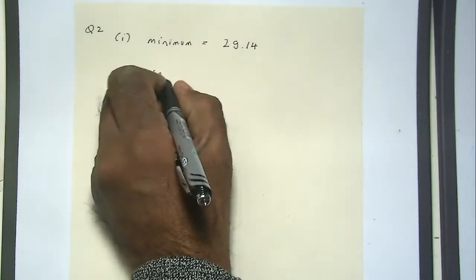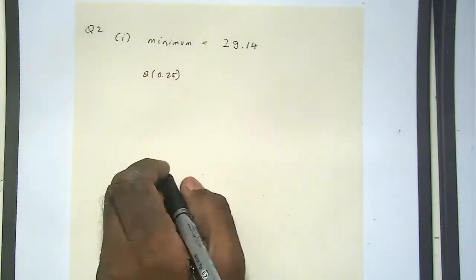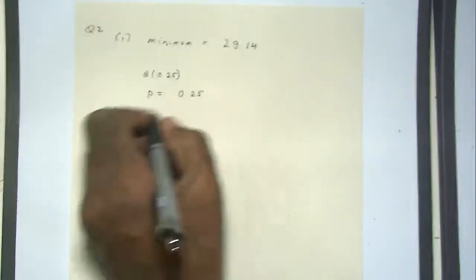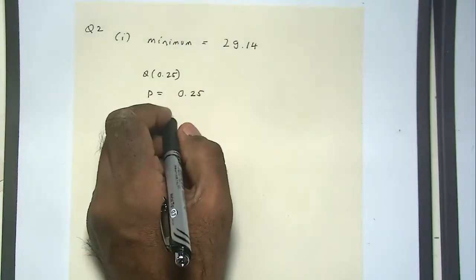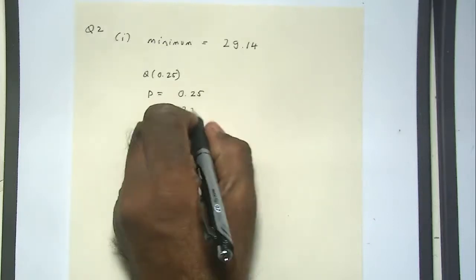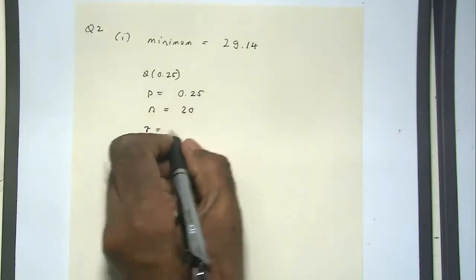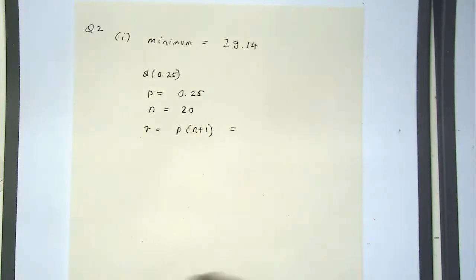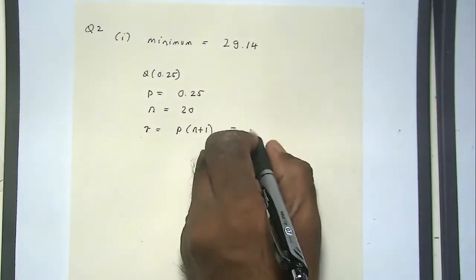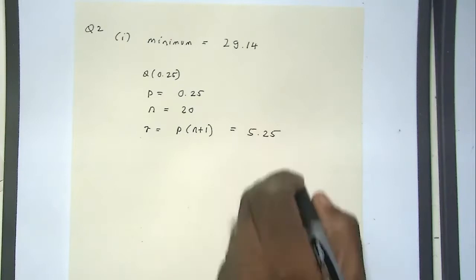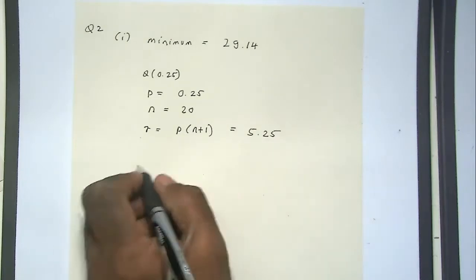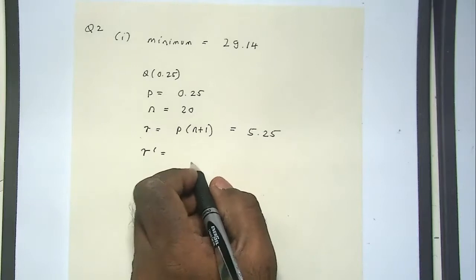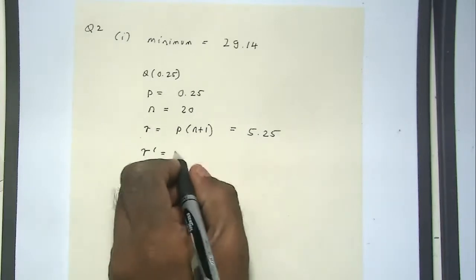Now to find the first quartile, your P is 0.25, and your N is 20. So your R, which is P times N plus 1, will be 5.25. You follow me? And R prime is the integer part of this, which is 5.